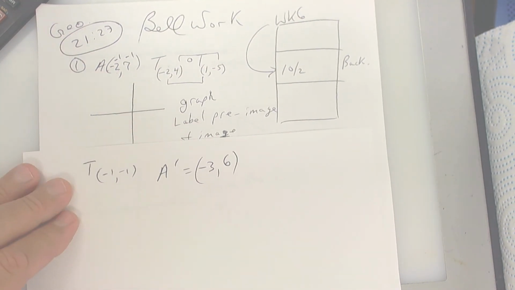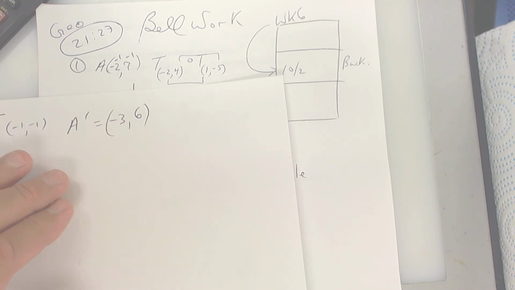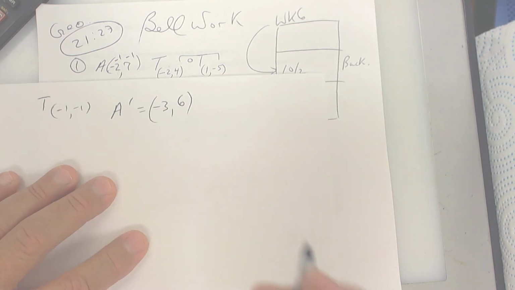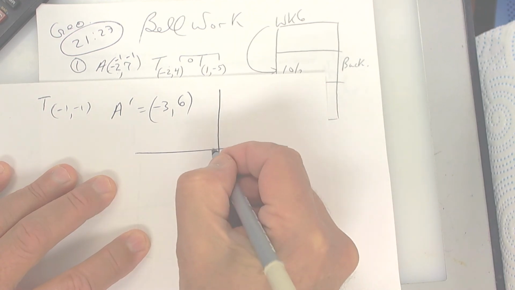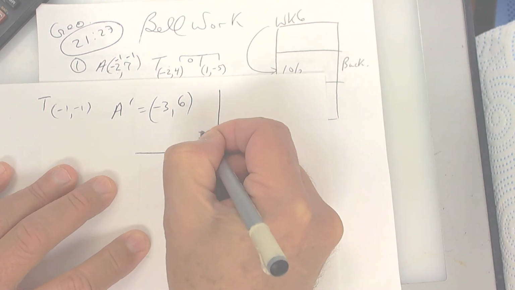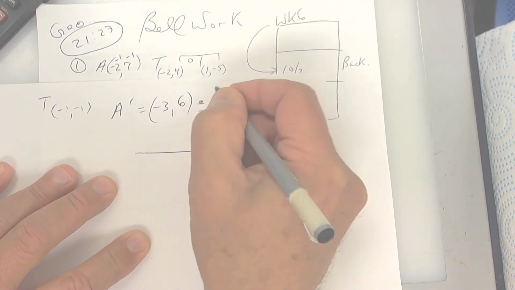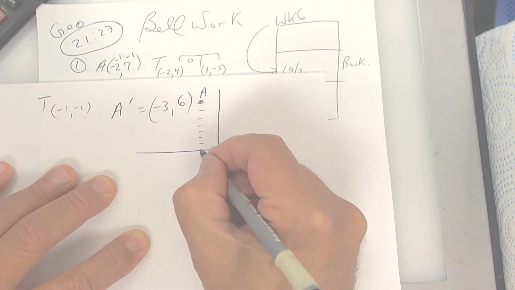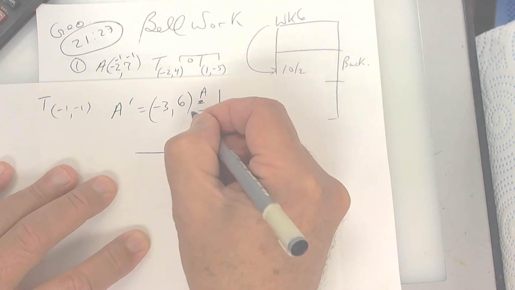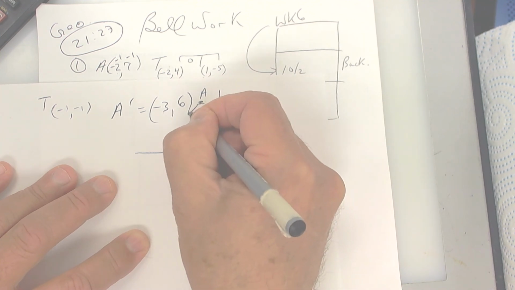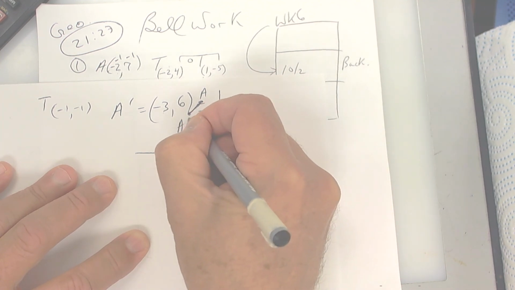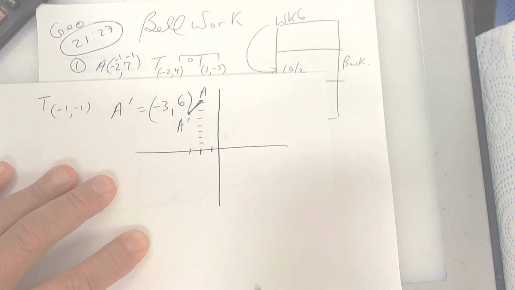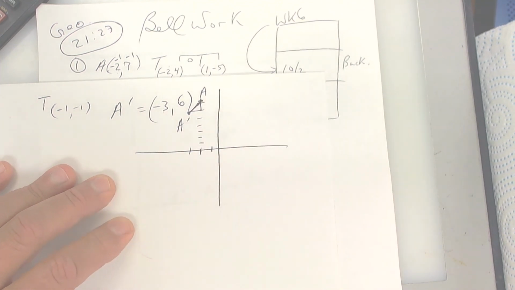So to graph it, let's see how that looks. The original is -2 up 7. That's called the pre-image. And then the new one called the image is -3 up 6. I guess that's here. There it is. All right, so essentially we moved it down 1 and to the left 1.